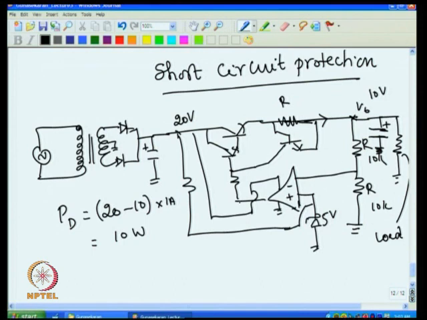So once the short occurs, the voltage at this point tends to 20, and then the voltage at this point depends upon the current flowing through this and into this resistance. If there is a voltage drop across this, then this 20 will not appear as it is at this point. If there is a 10 volt drop, then here you will get only 10 volt instead of 20. But if it is 10 volt, then this will be 9.4 and this will be 8.8.